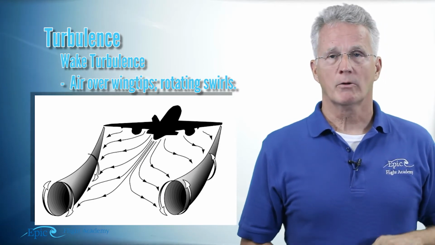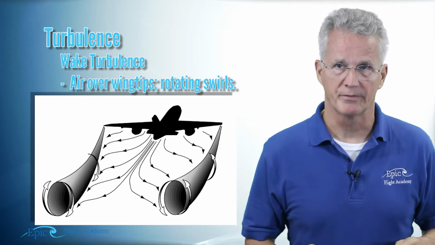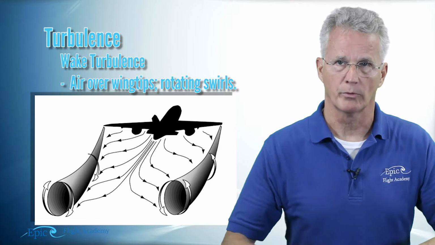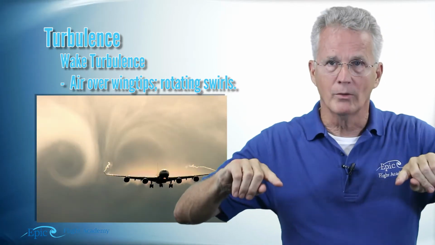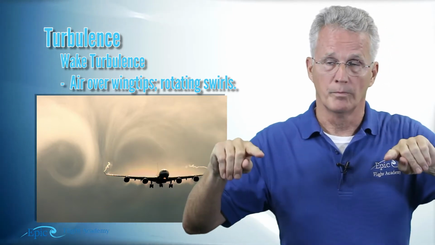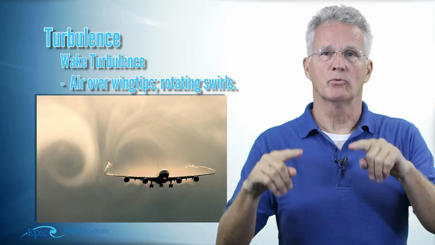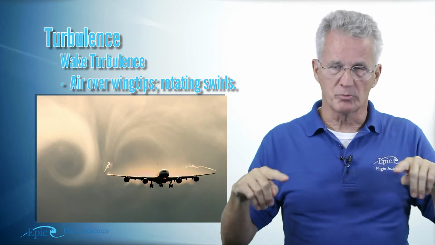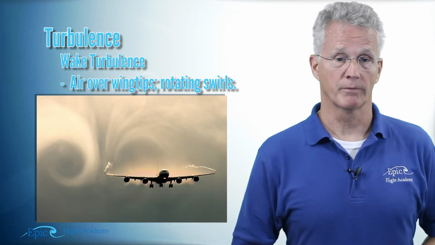Now, because the aircraft is moving forward, that high pressure doesn't really have the chance to come over the front or the rear of the wing, and it attempts to come around the wing tips from high to low. When it does that, as the aircraft continues to move forward, this wake turbulence makes these little vortices, or literally mini tornadoes, coming off the wingtips.